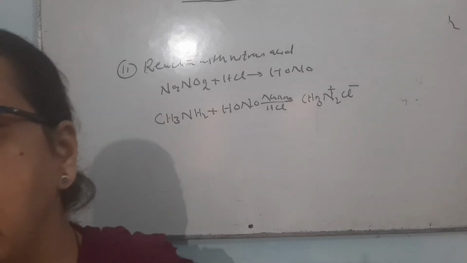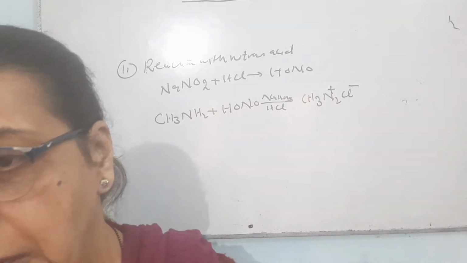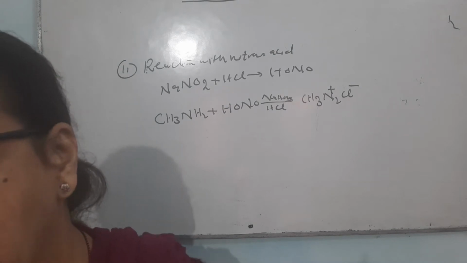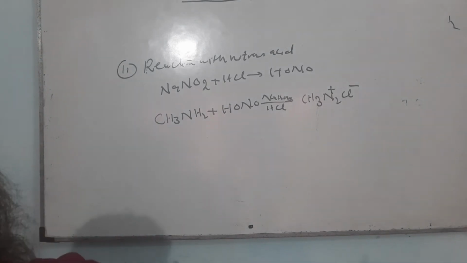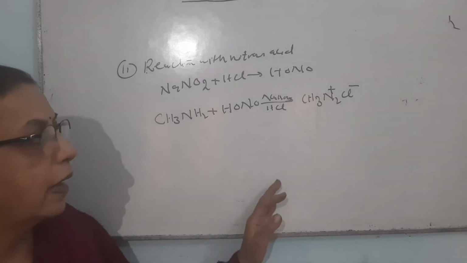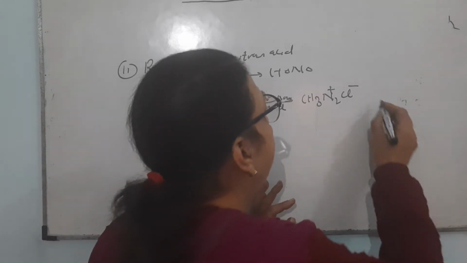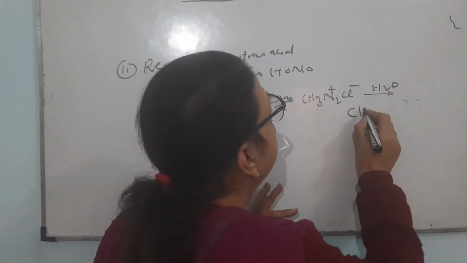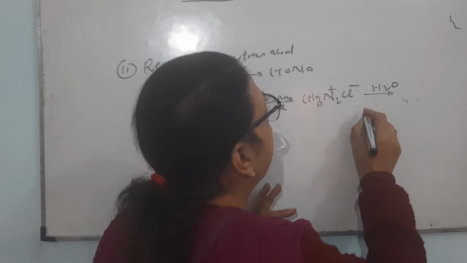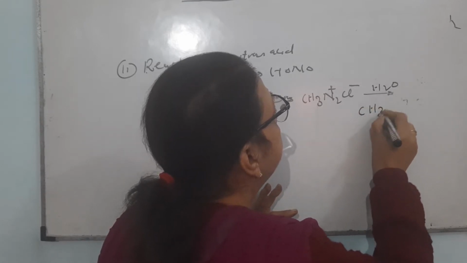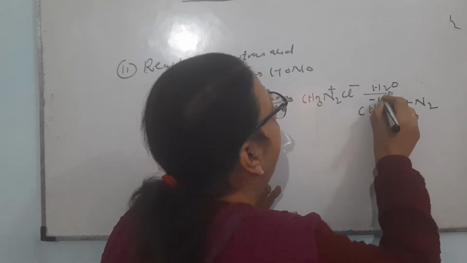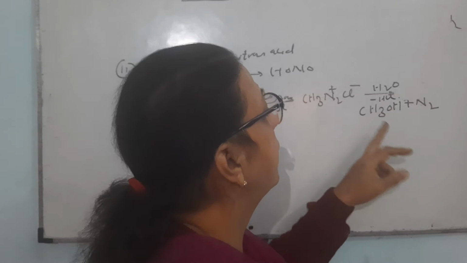This nitrogen is quantitative in nature. It is used for the estimation of proteins and amino acids. And we can very easily write the reaction. When this diazonium salt is heated with water, there will be formation of alcohol with the release of nitrogen, and HCl will be released.